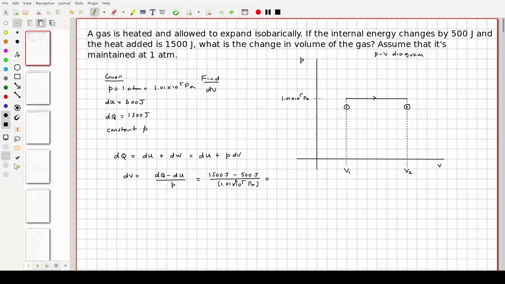You get about 9.9 times 10 to the minus third cubic meters. So it's a very small change in volume, but it's a positive change in volume. It's positive because when you look at the difference between the amount of energy you put into the system and the amount of energy that went into the internal energy of your gas, the remainder of this difference is positive, which means that you did positive work.